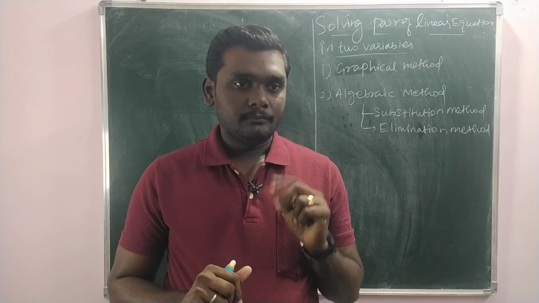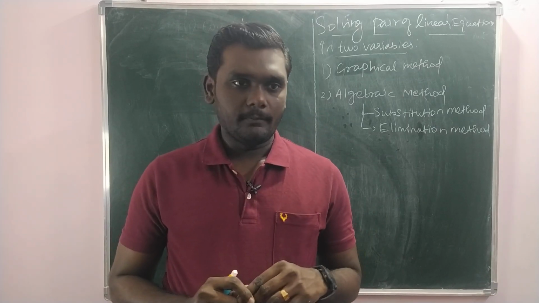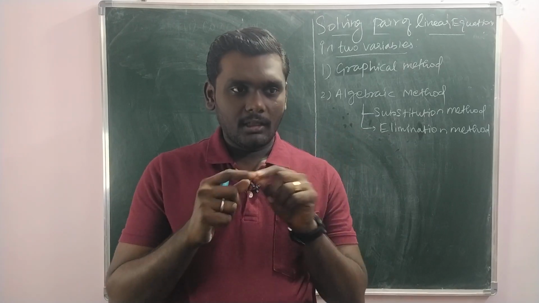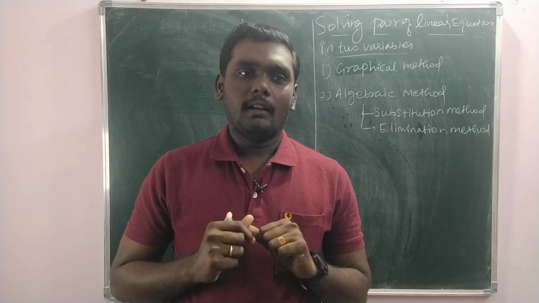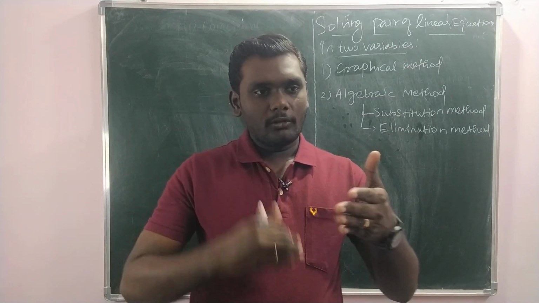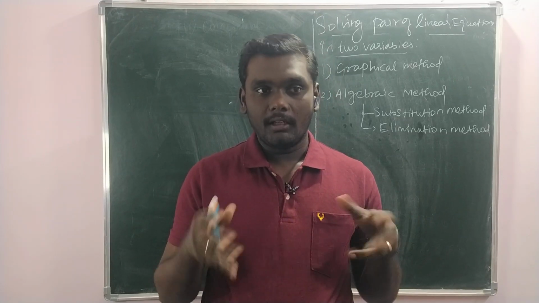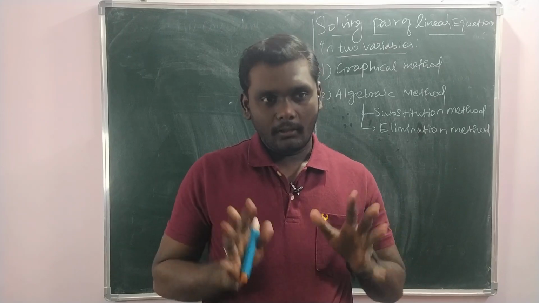Two points. The two points are solutions of the particular equation. We need to find two particular solutions of that equation, plot them as points in the graph, and then connect them as a line. Likewise, we have to draw both lines. After drawing the graph, we have to decide whether the lines are intersecting, parallel or coincident.